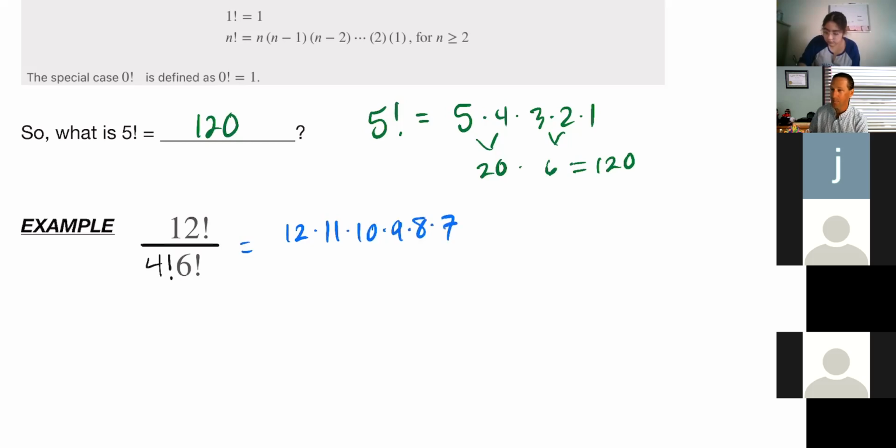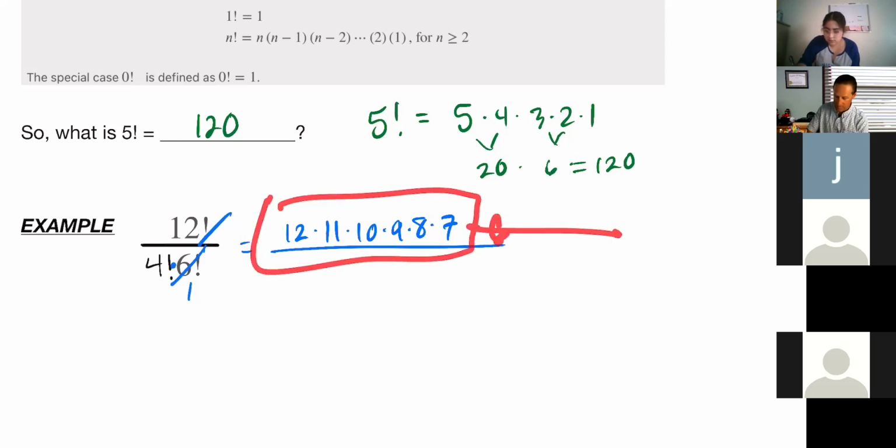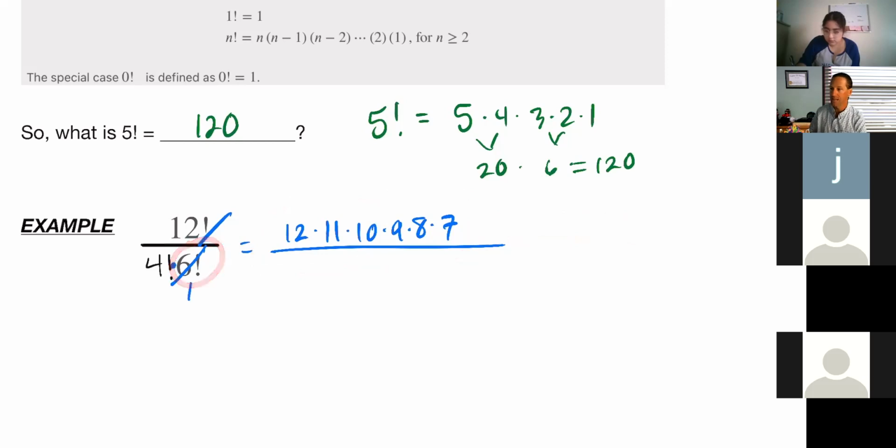But guess what's going to happen to the 6, 5, 4, 3, 2, 1? Because we're multiplying, it's going to cancel with that 6, 5, 4, 3, 2, 1. So I'm only going to be left with the 7. The 6, 5, 4, 3, 2, 1 all canceled out with that 6, 5, 4, 3, 2, 1. But I still have what on bottom?